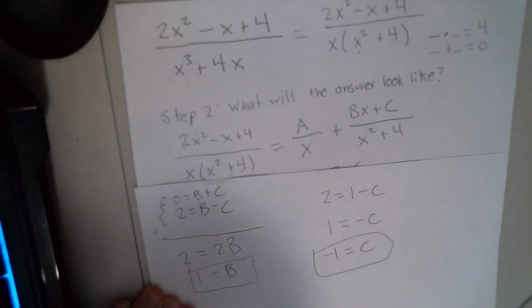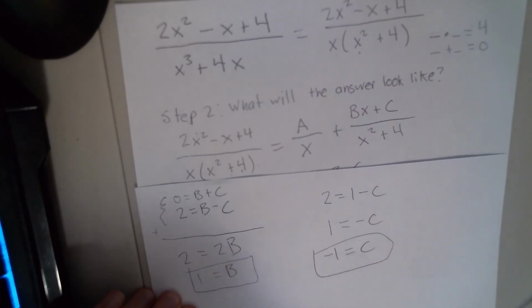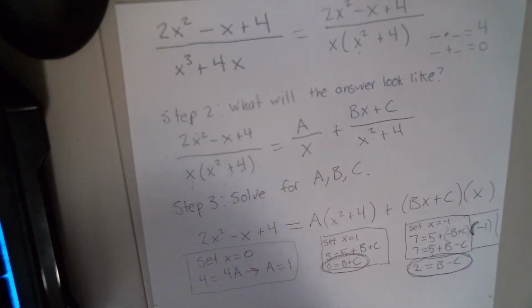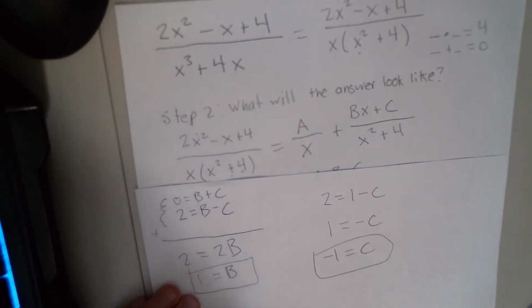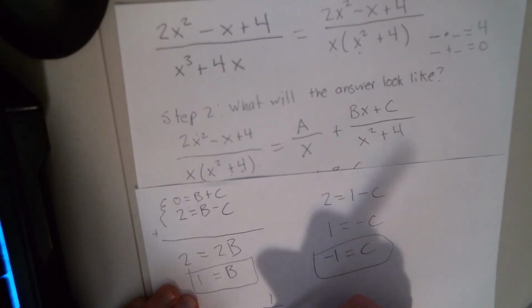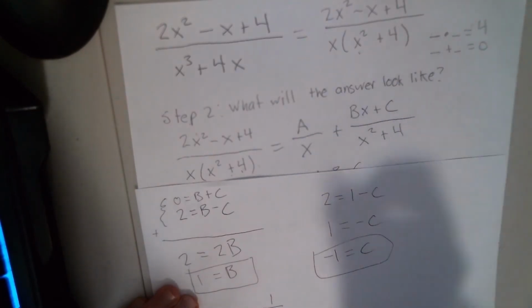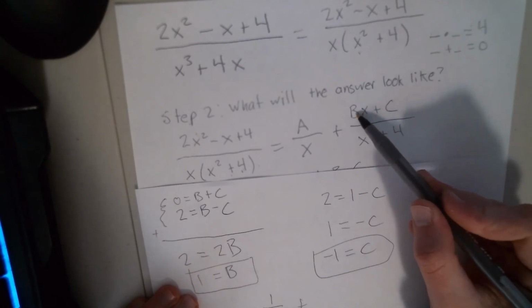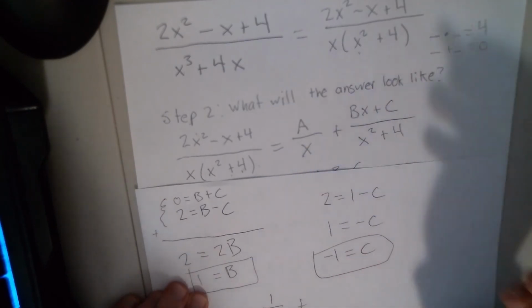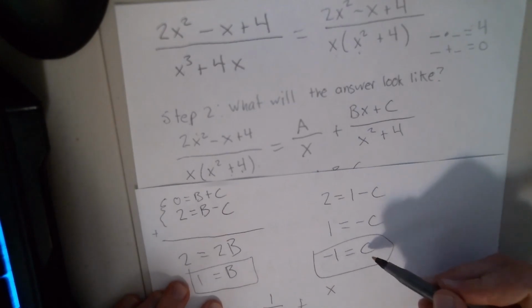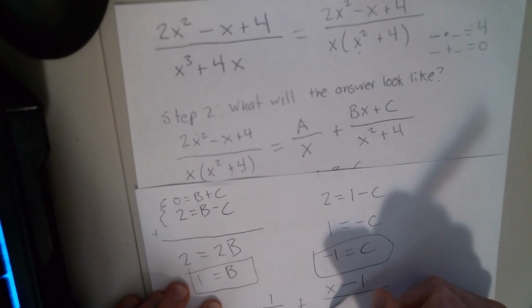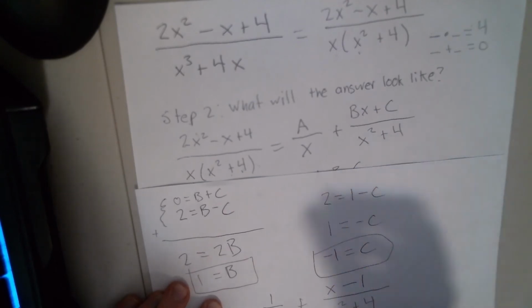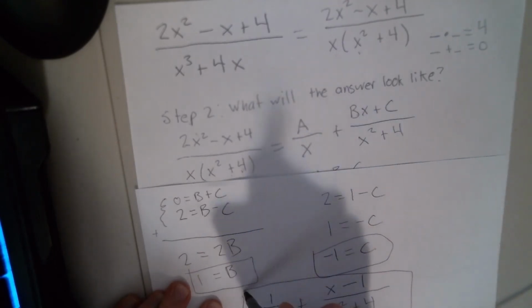We found out that a was 1, so my answer would be 1 over x, because a was 1, plus b. B was also 1, so we got x, and then c was -1, so we get x minus 1 divided by x squared plus 4. So that's our final answer there.